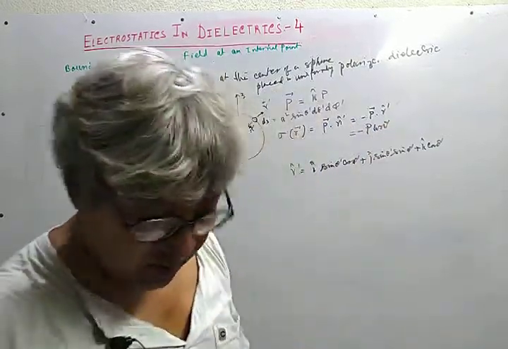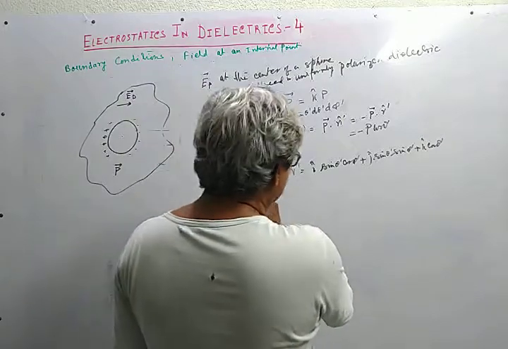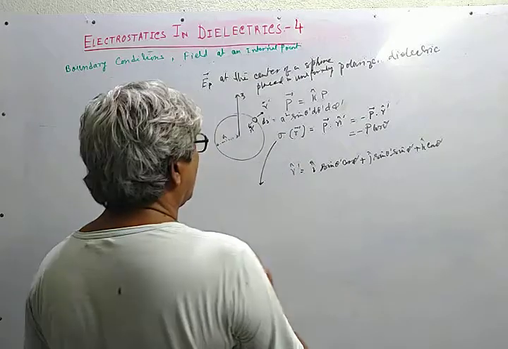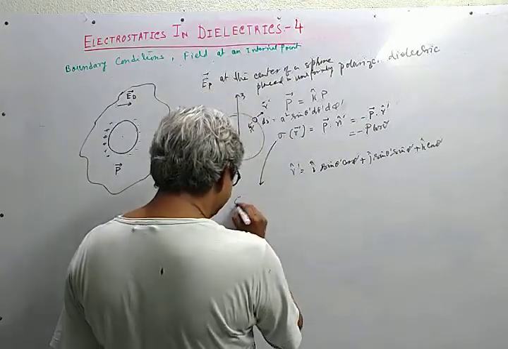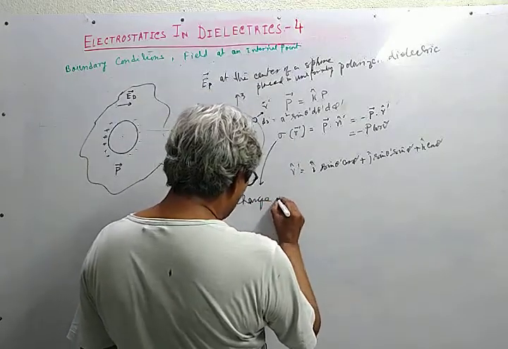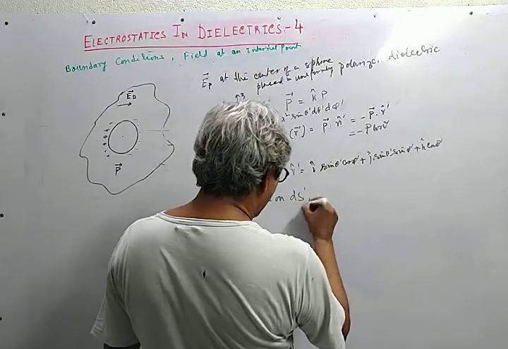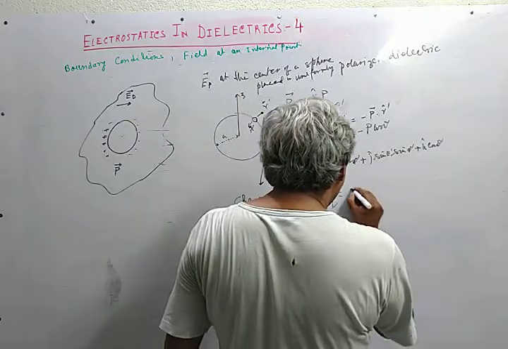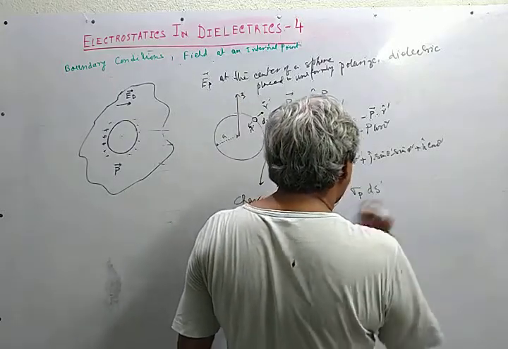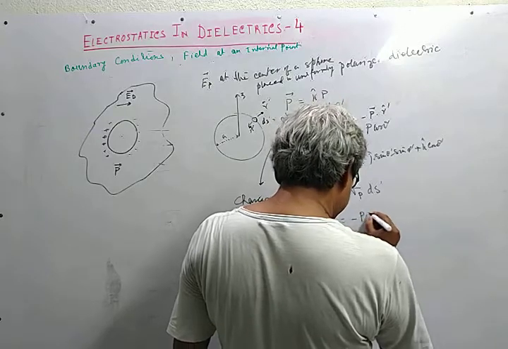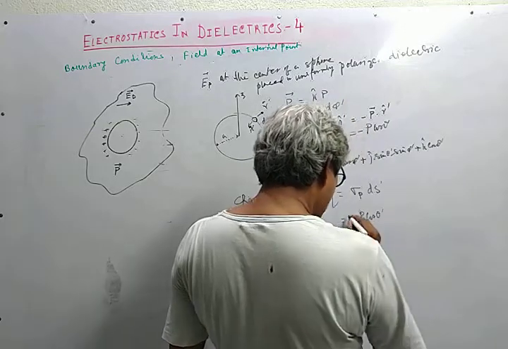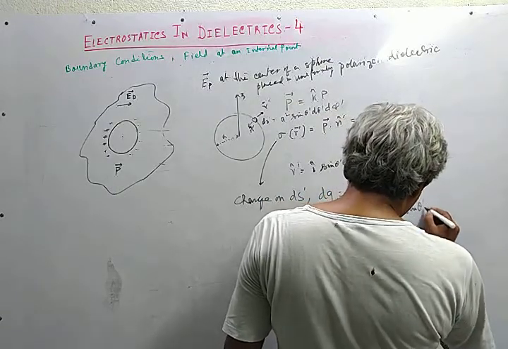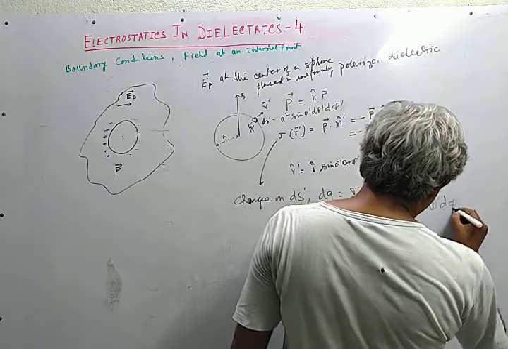So what is the charge? Charge within dS. Charge on dS prime, this is dq, is equal to sigma_p times dS prime, and sigma_p is minus P cos theta prime. This is sigma_p, and this is A squared sin theta prime d theta prime d phi prime.